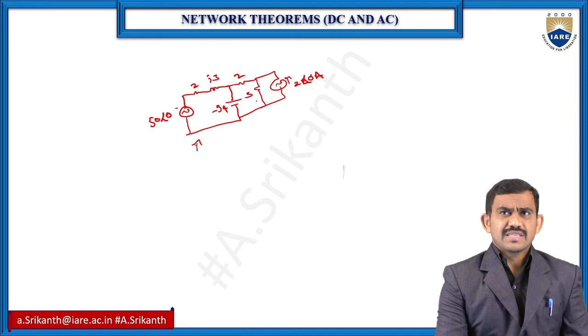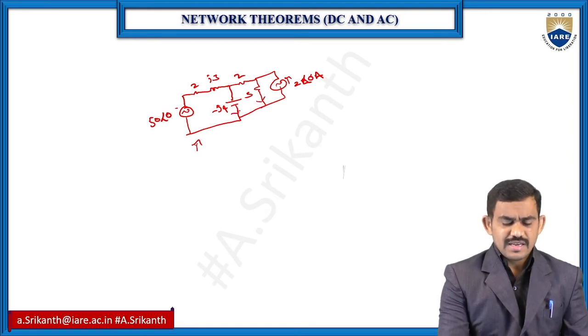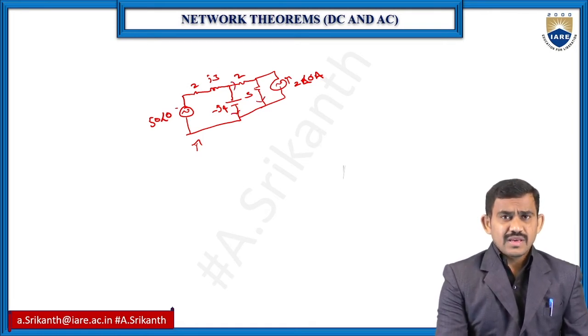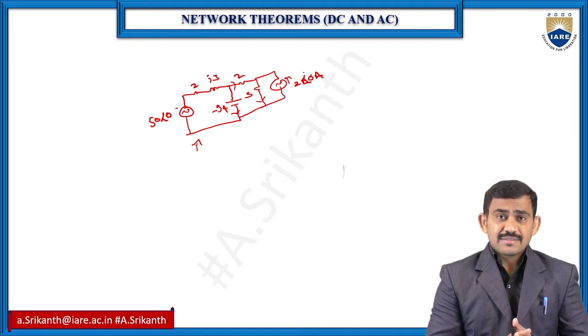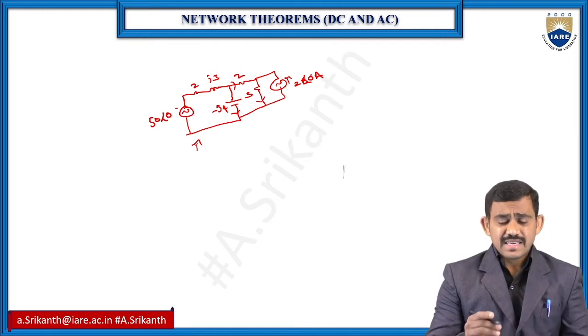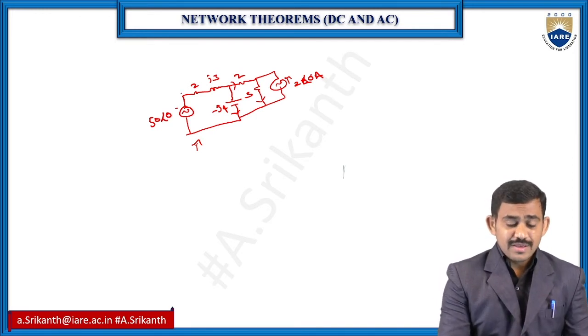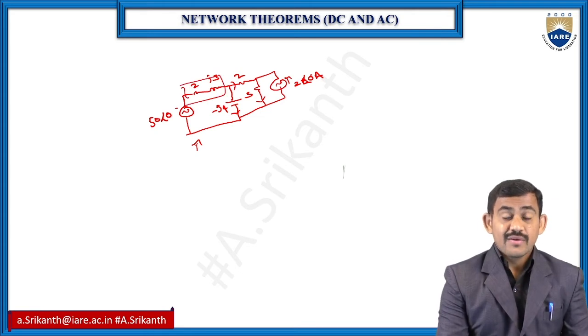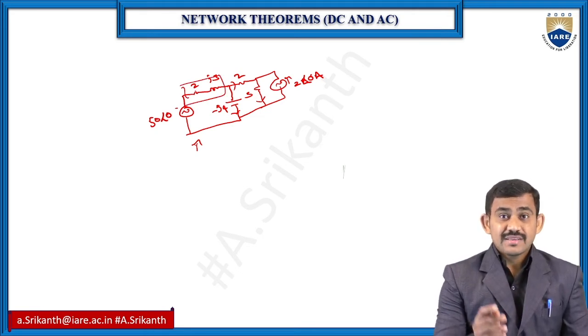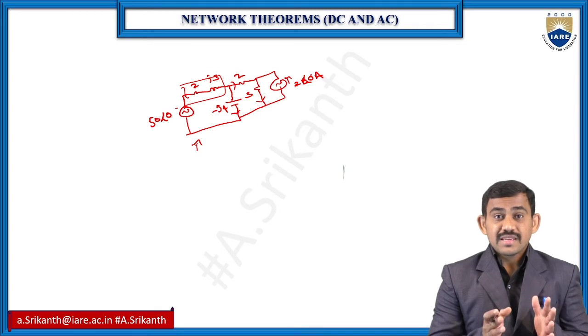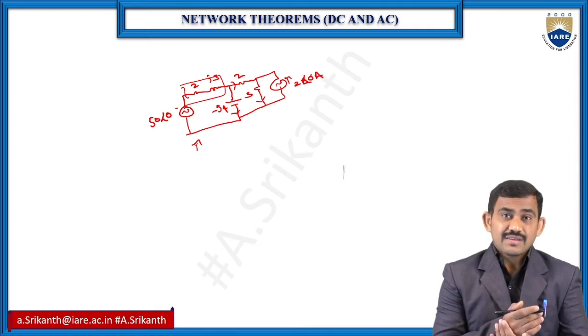Any place I want, I can find the response here or here or here. Then we use any method, but here just remember we have the impedance values, and check which method is easy to use.